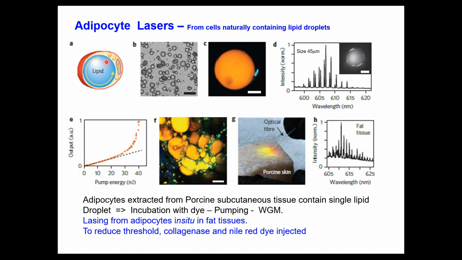The lipid droplet, we have already studied about the droplet laser. A droplet can act as a laser. So this droplet is naturally contained in the cell, and one particular dye is used for making this material fluorescent, and the corresponding laser frequencies are analyzed.